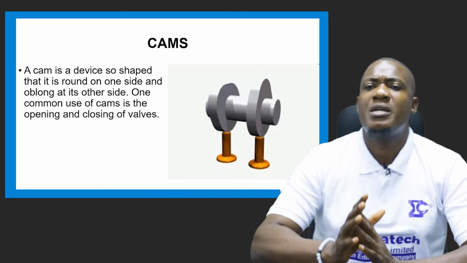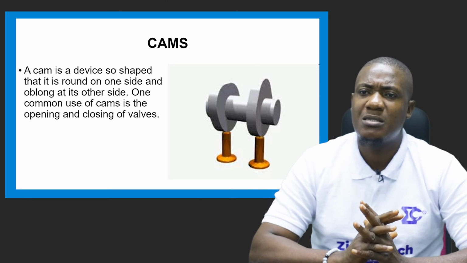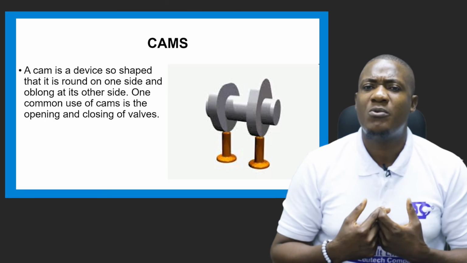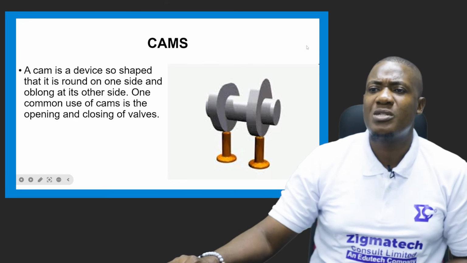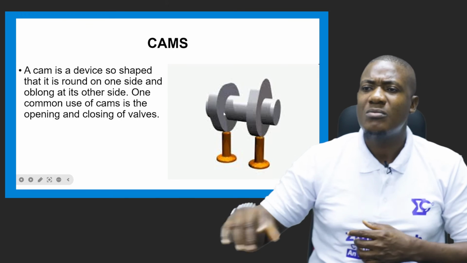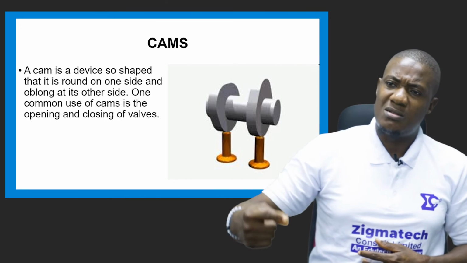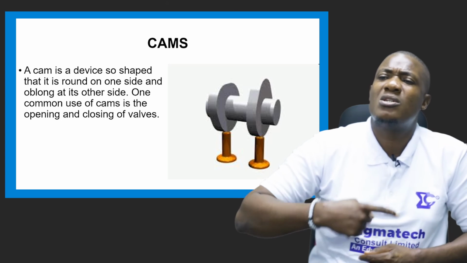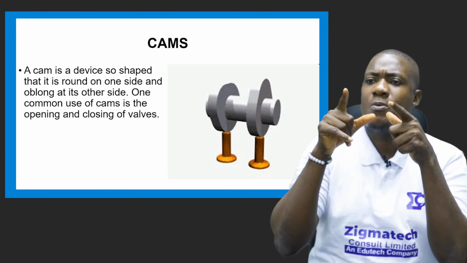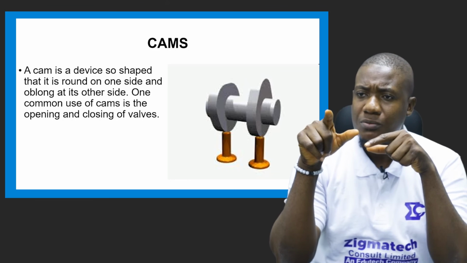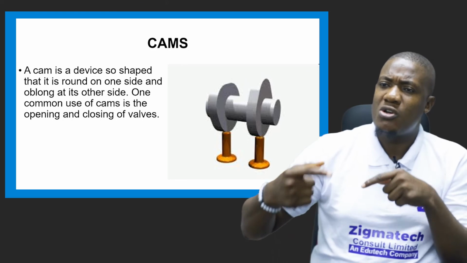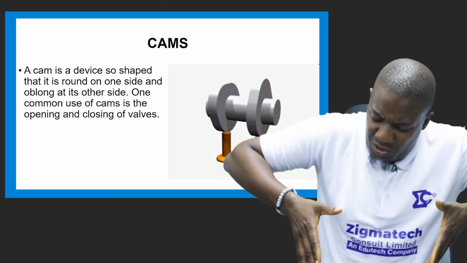Okay, so we also have another device here called cams. Of course, in automobile arrangement, we have cams. Now, what this cam does is that as the cam rotates, its rotation causes the pin you see there to press downward.